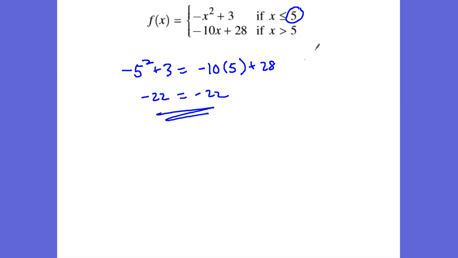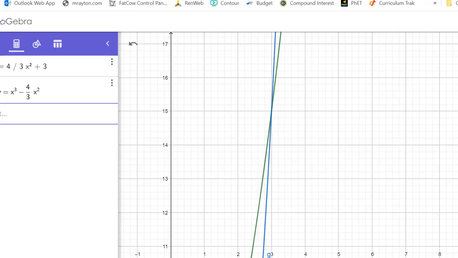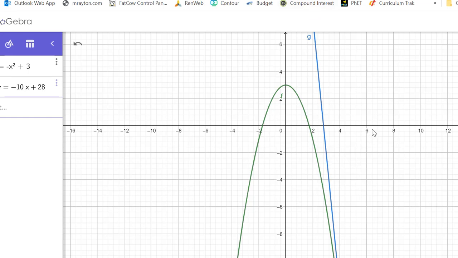Guess what? The limit as we approach 5 from both sides, from the left side and the right side, is negative 22. And when we plug those points in, we also hit negative 22. I graphed these out on GeoGebra. Here's the one function in green, negative x squared plus 3, and this blue function, negative 10x plus 28.